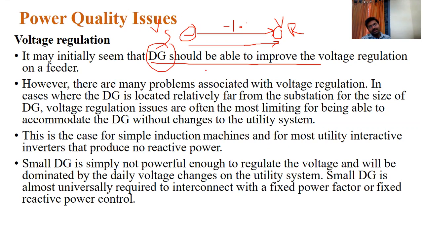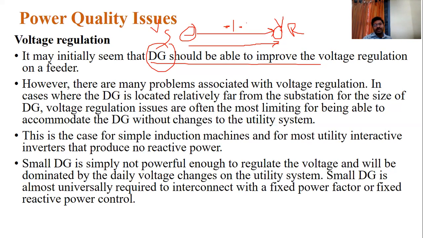You know that in a well planned, well distributed system, the sending end voltage is always fixed, while the receiving end voltage is always changing because of some external factors. You know, some line losses, some power theft and all other things. The receiving end voltage is very low. So that will lead to the voltage regulation problem.